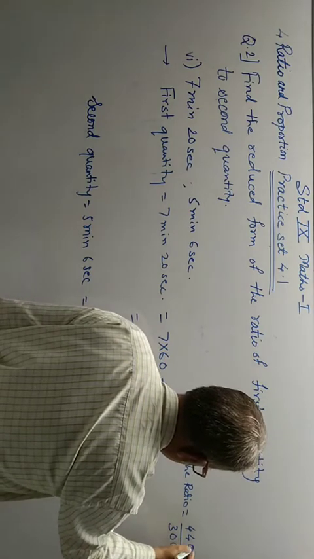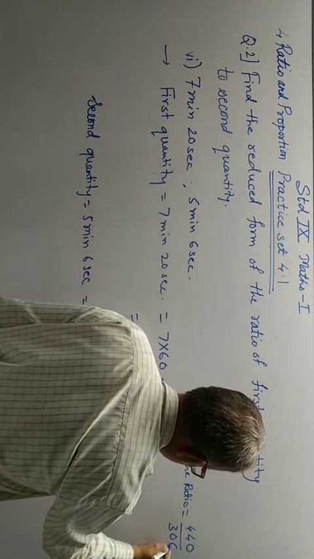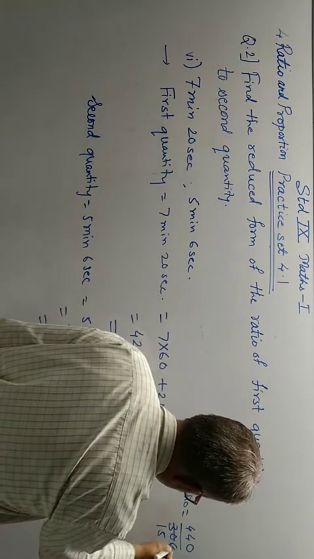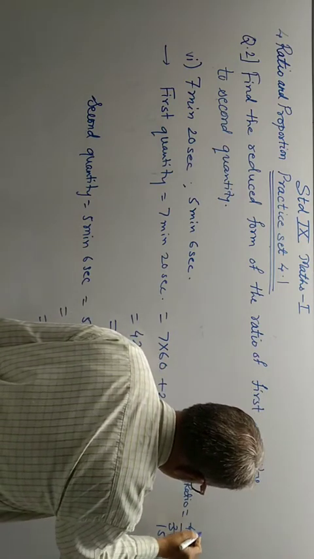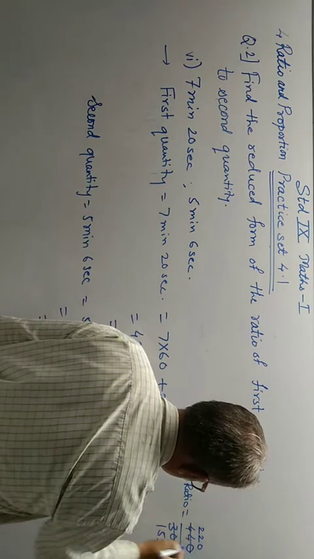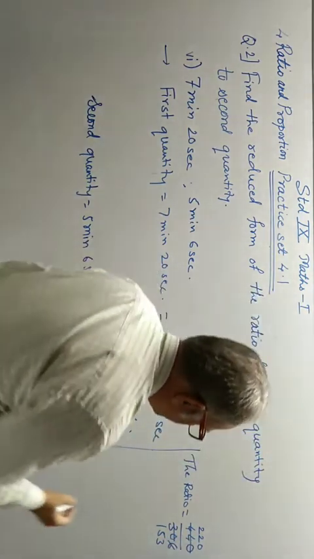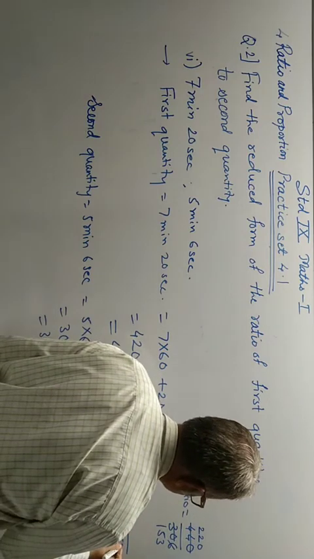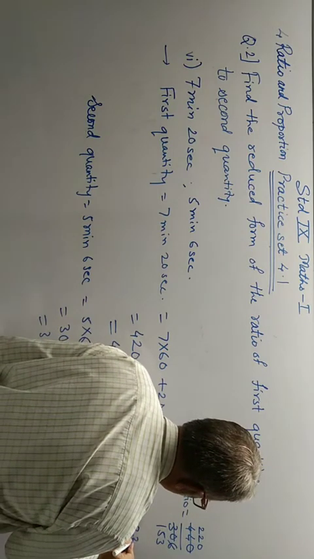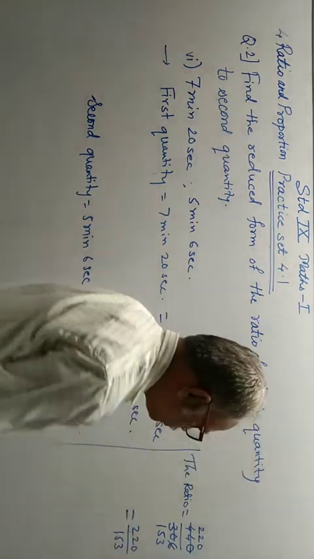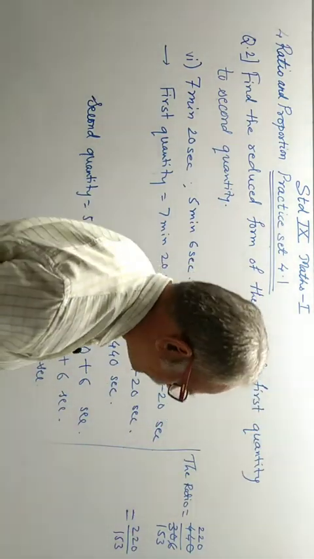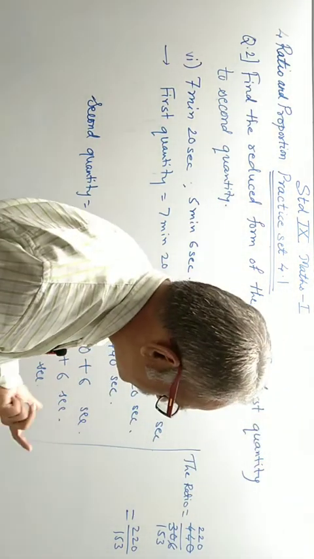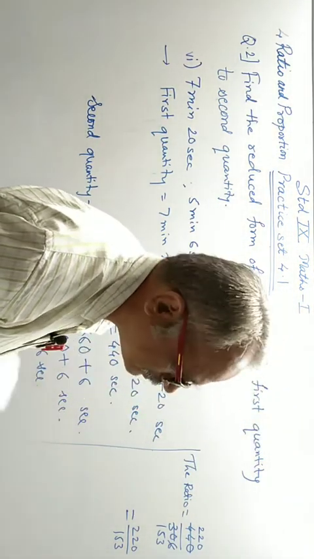440 and 306 are both divisible by 2, giving 220 and 153. Now definitely 153 is not divisible by 3, 4, etc. Is 220 divisible by 11? 11 ones are 11, 4 remain, 43 not there.